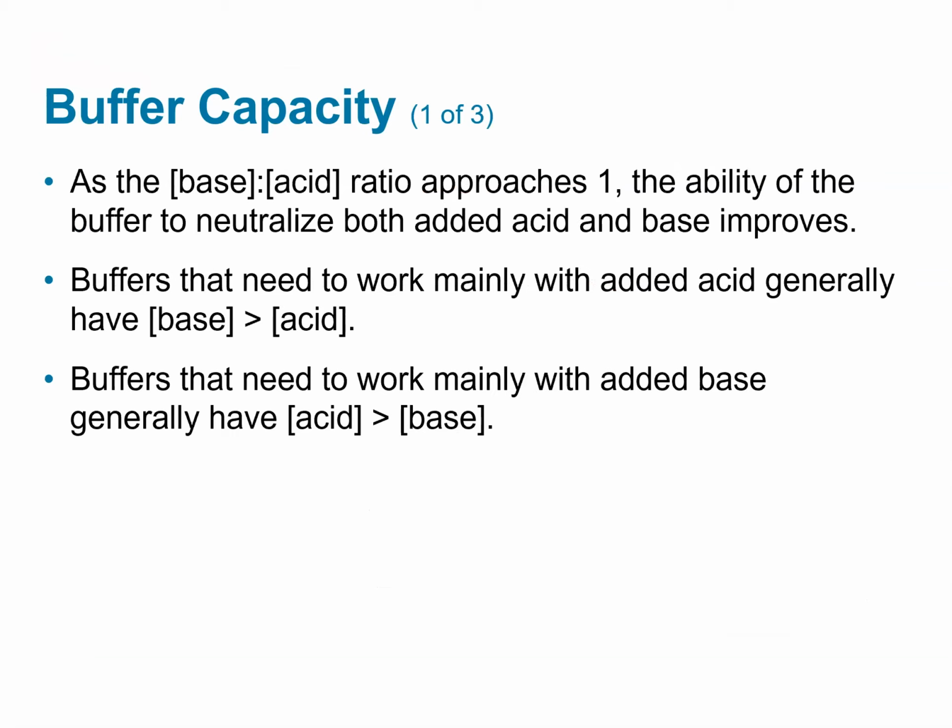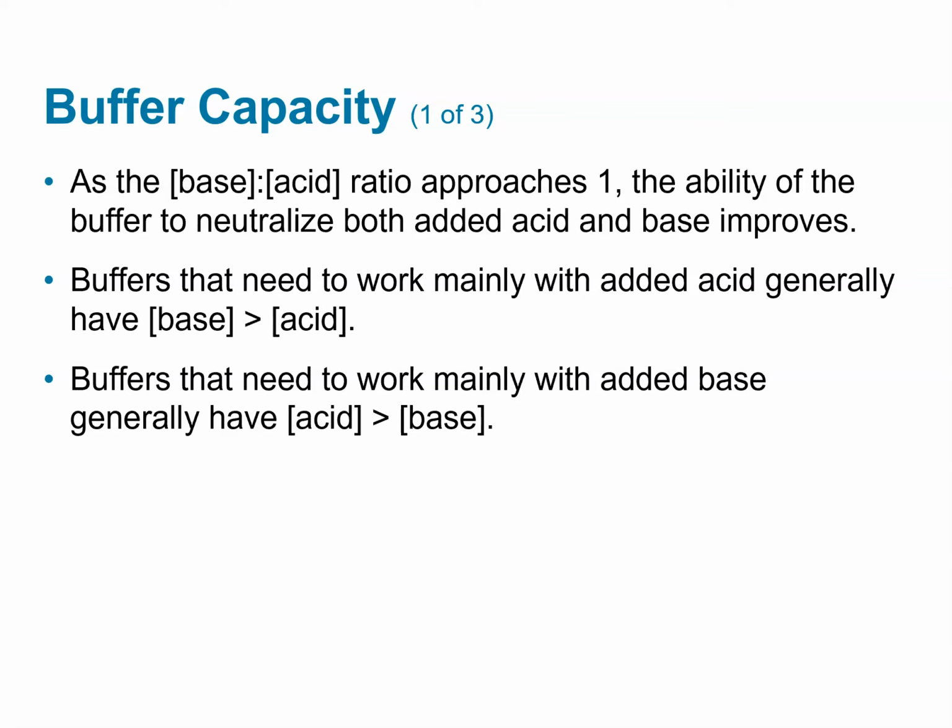So, buffer capacity. As the ratio of the concentration of your conjugate base to the concentration of your weak acid approaches 1, the ability of the buffer to neutralize both bases and acids improves.